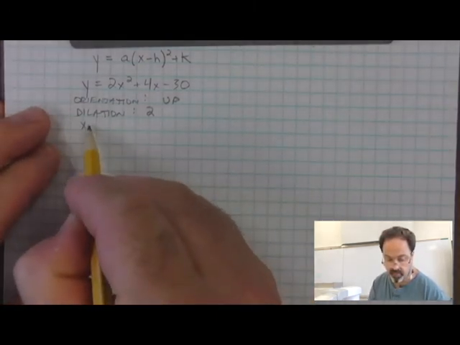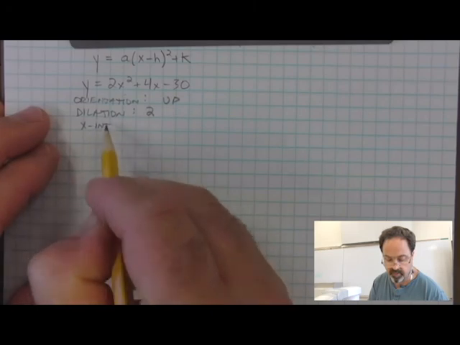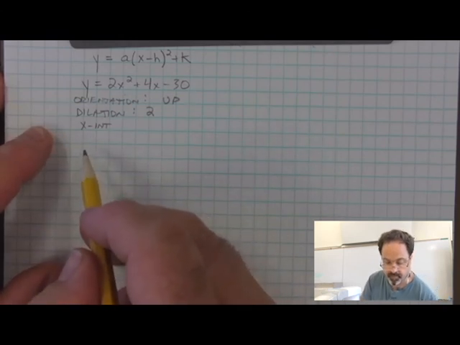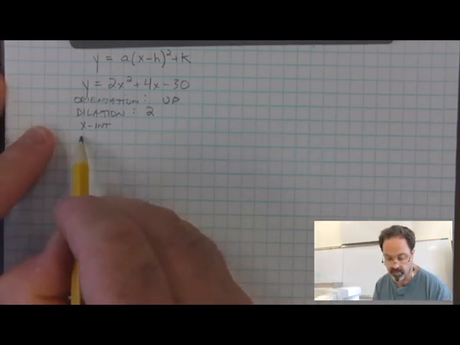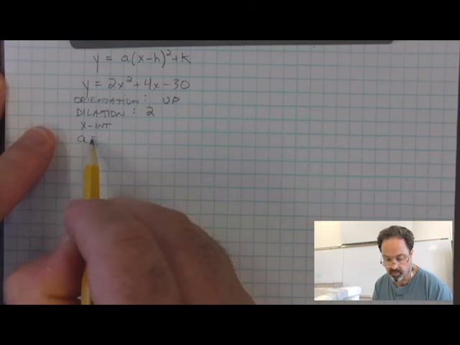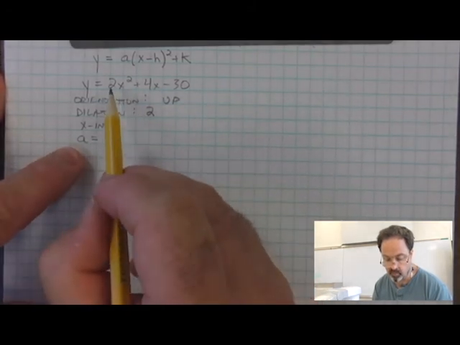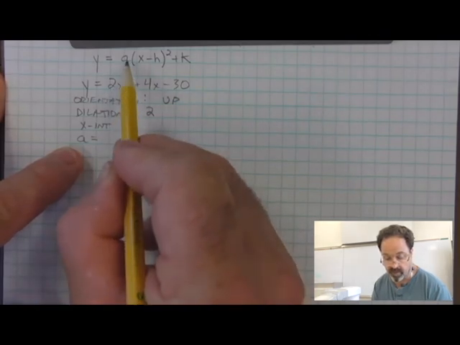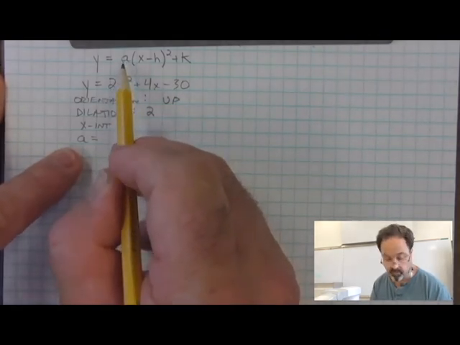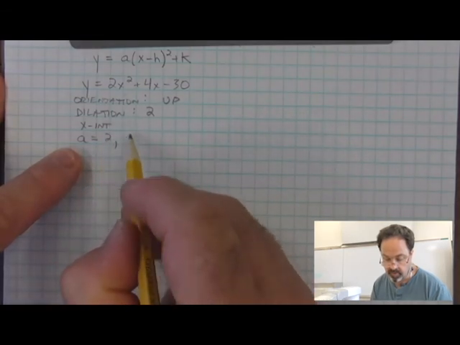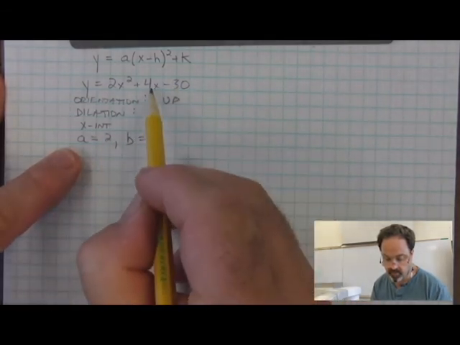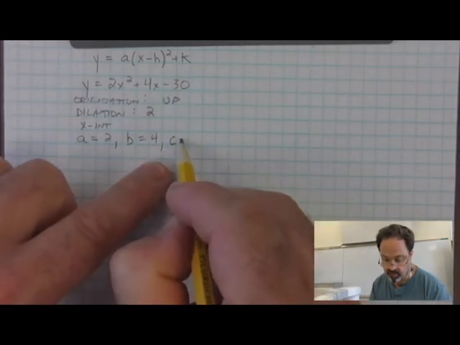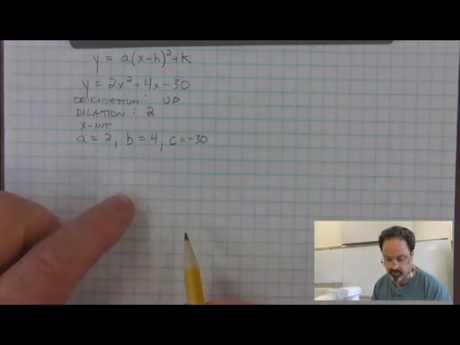We also have a familiar method of finding the x-intercepts. The quadratic formula can be applied, and when we do, the a value, which is the coefficient of the x squared term, the same a value that we're looking for in this graphing form, is 2. The b value is the coefficient of the x term, that's 4, and c is the non-variable coefficient, negative 30.